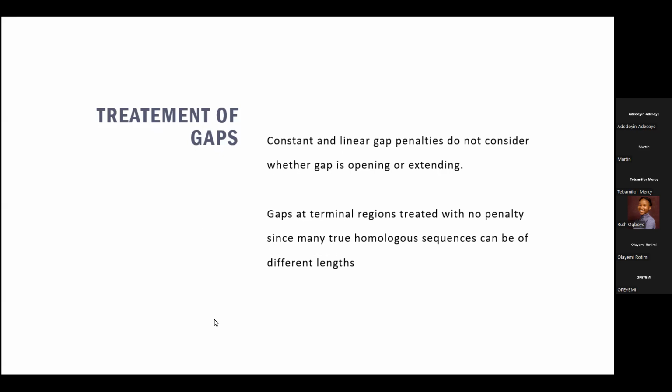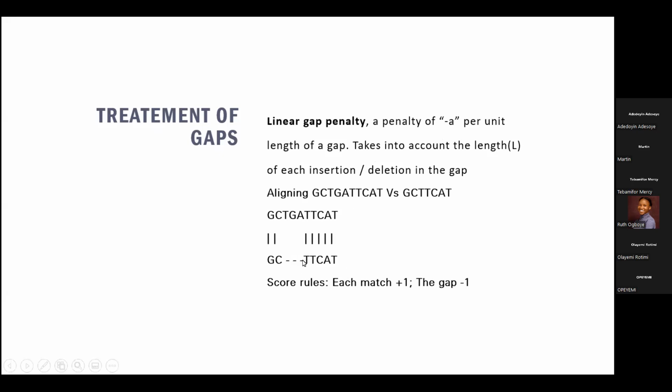So for example, if we have these gaps towards the end, we are not going to be subtracting anything from this alignment score. So gaps towards the end are not counted. It is only gaps at the beginning and gaps extending. By extending, it means it can be found after the beginning, in the middle, but before the end. But so far it has gotten to the end, like the sequences have ended and there are gaps, you're not calculating it as a gap, just going to leave it blank. You're not adding a score to it.